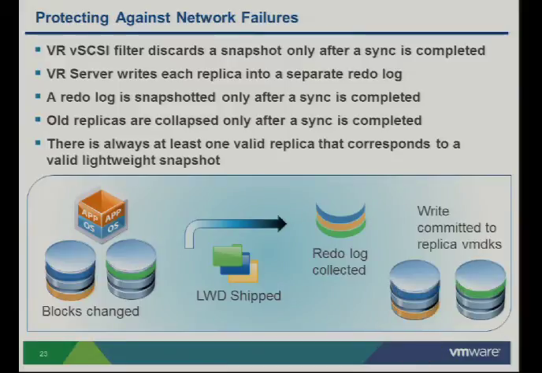And once both sides agree that the sync cycle is complete, the redo log gets flushed to the actual replica. What this gives us is that once the initial sync cycle completes, we always have a valid replica on the other side. It doesn't matter what kind of network failures you have. We always have at least one.